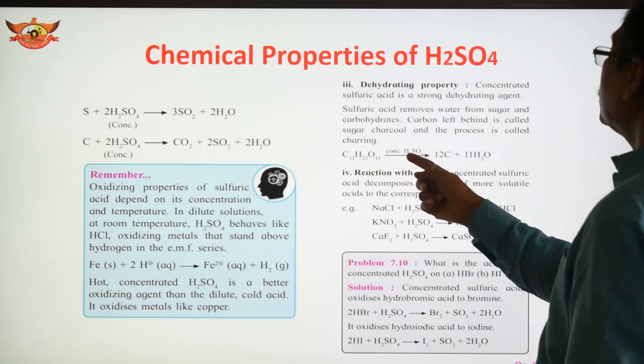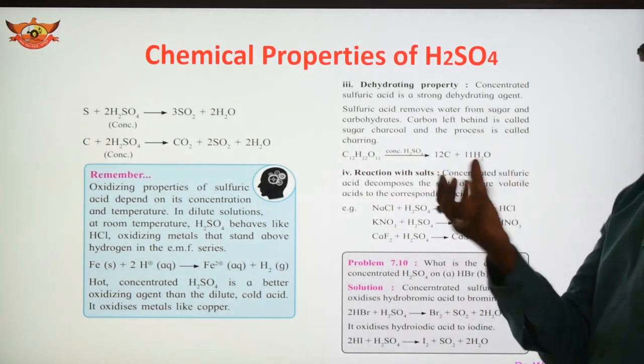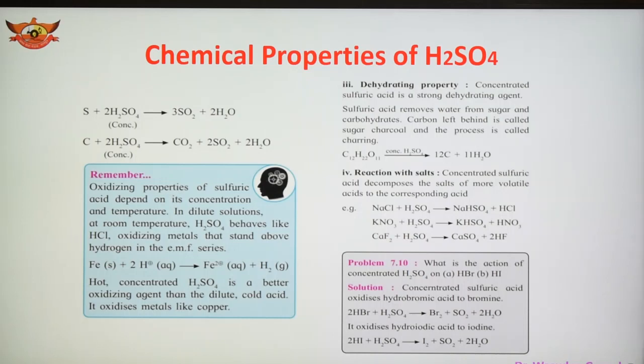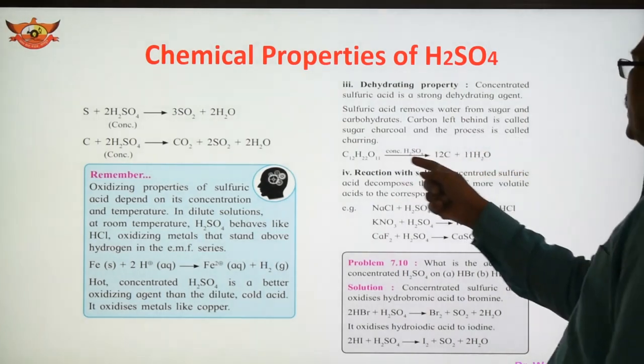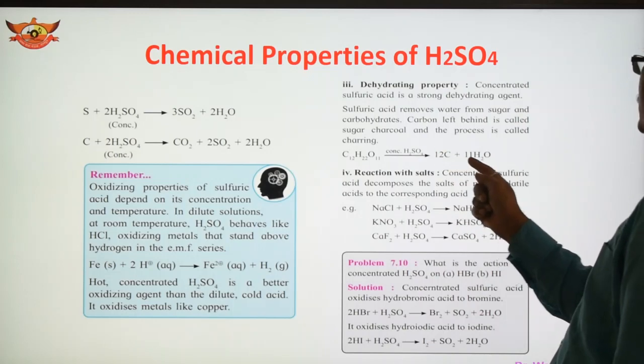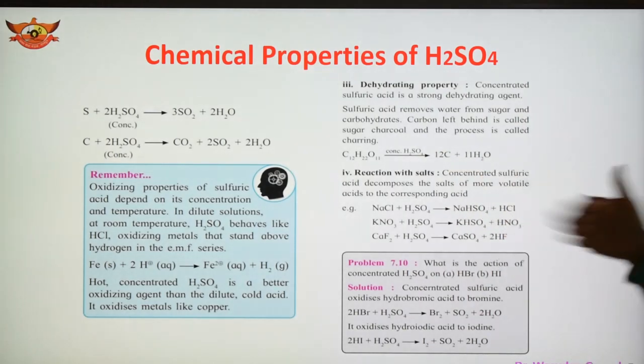When it reacts with concentrated sulfuric acid, we get carbon black. That reaction is known as charring, and it is an important reaction in the identification of carbohydrates in our laboratory. The sugar chars, we obtain black carbon, and water gets removed. When water is removed, we get black charring.